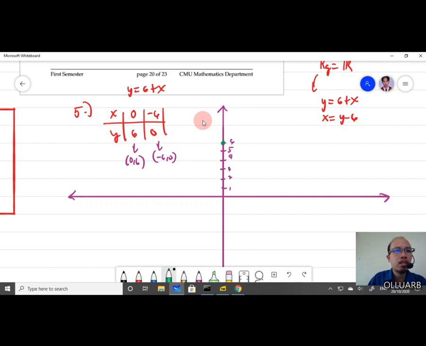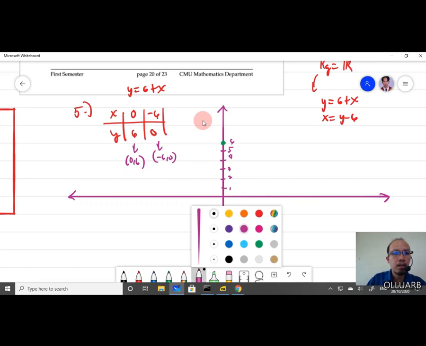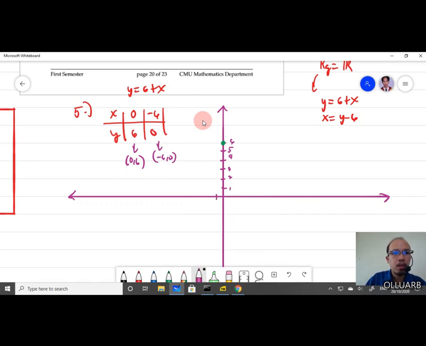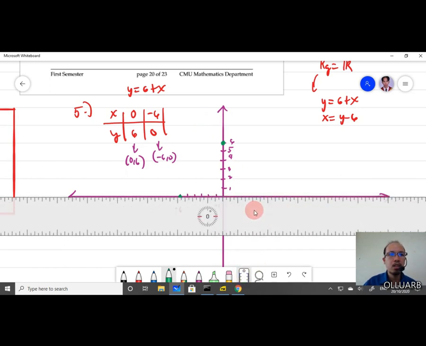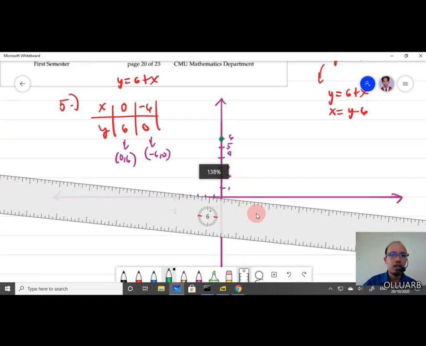For the other one, just use proper scaling. So we have 1, 2, 3, 4, 5, negative 6. So negative 6, 0. Okay, and then use your ruler, if you have a ruler.